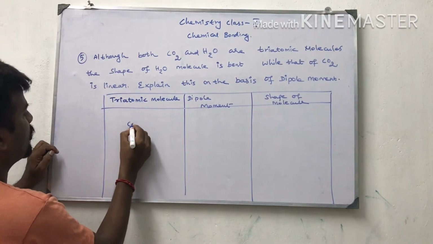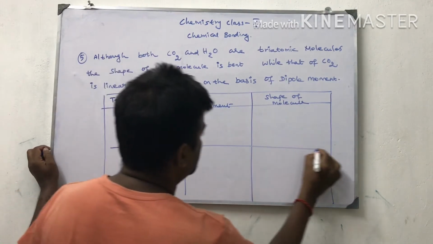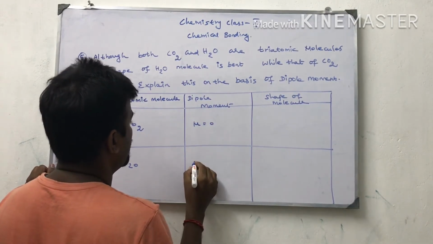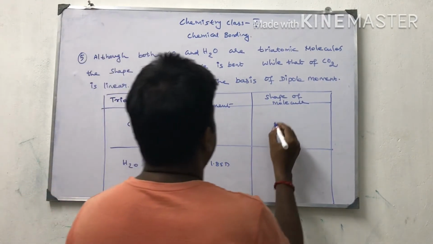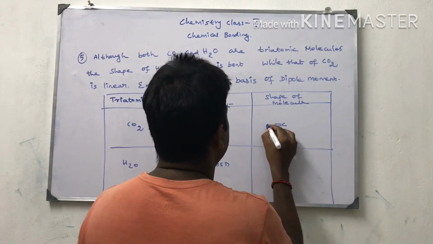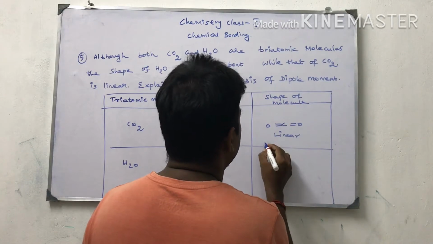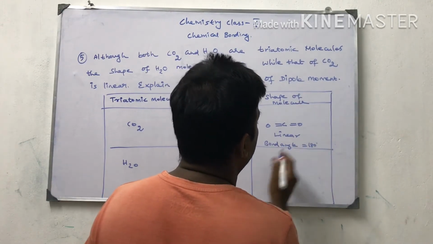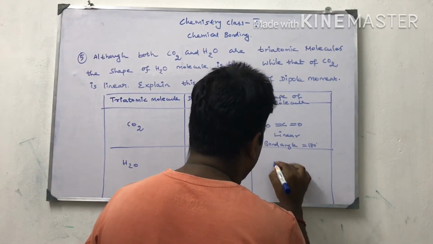First is carbon dioxide, second is the water molecule. These are triatomic molecules. The dipole moment of carbon dioxide, mu, is equal to 0. The dipole moment of water is 1.85 D. The shape of carbon dioxide is linear, with a bond angle of 180 degrees. Right. Then the water molecule.